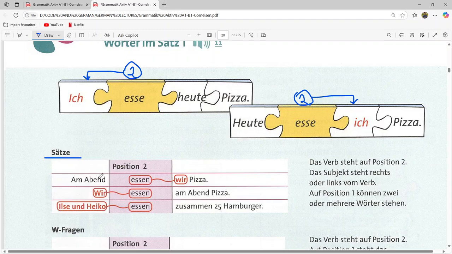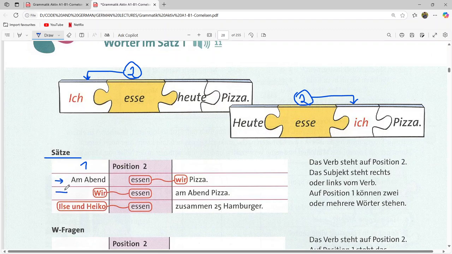Both words belong to position 1, and in position 2 we have the verb, and then the rest. The subject is wir, and wir stays on the right side of the verb. This is one way of forming a sentence.